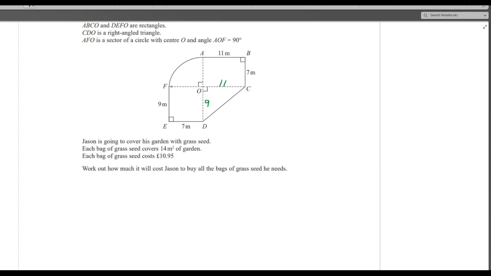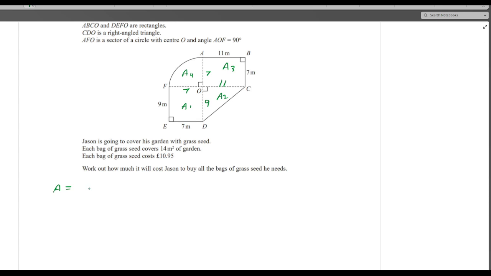For this quarter circle, radius is 7. Okay, so let us start from the bottom. Let us call these A1, A2, A3 and A4. So your total area is the sum of all these areas.